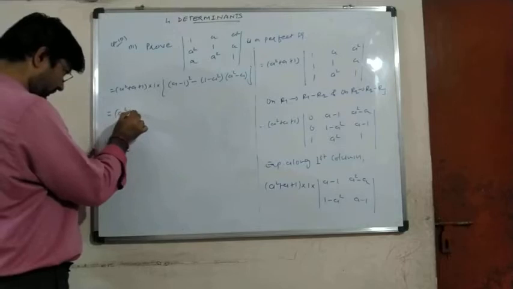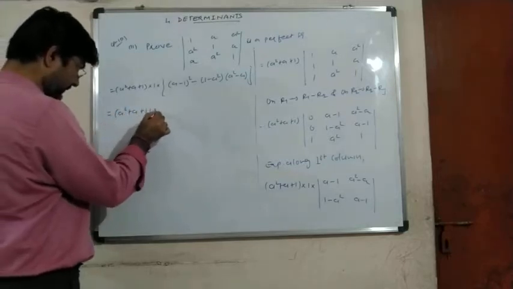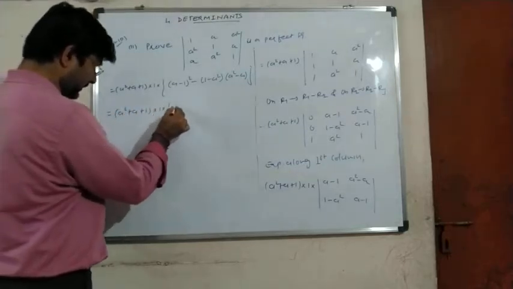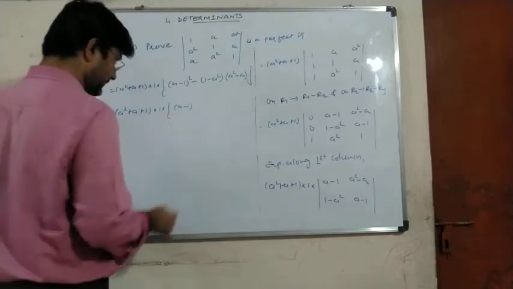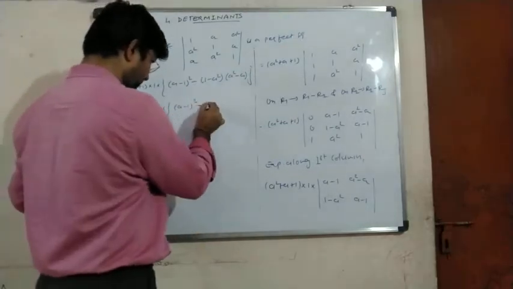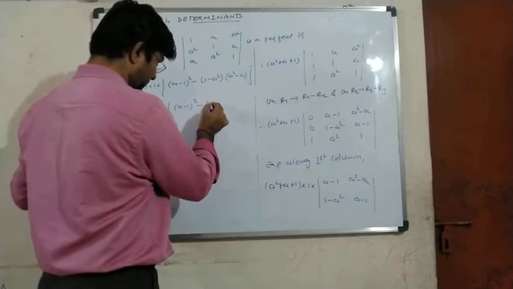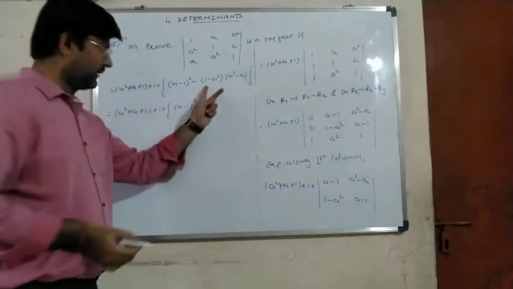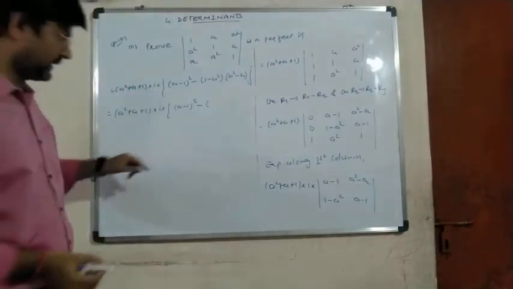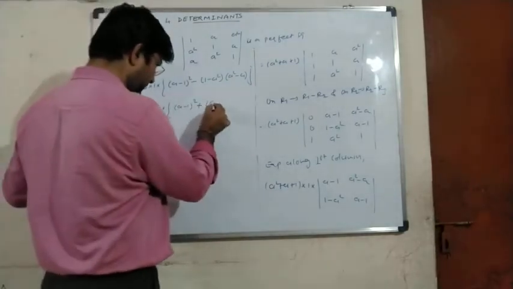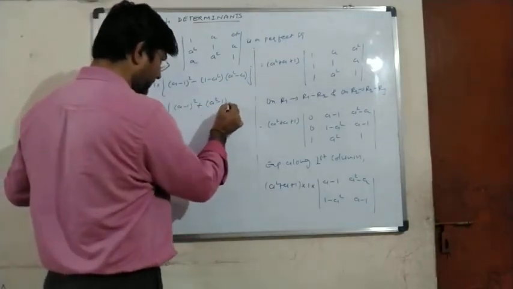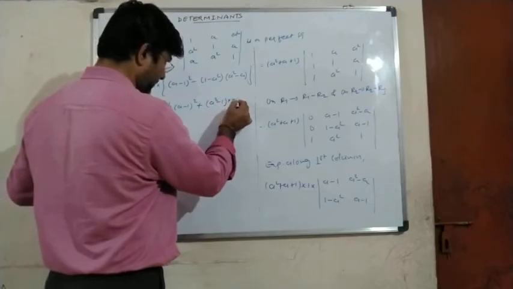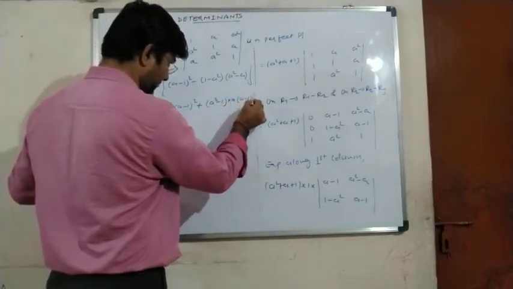A square plus a plus 1. Here we have a minus 1 the whole square. Here we have 1 minus a the whole square. Let us take minus sign common, so it will be plus, so we will get a square minus 1. From here if you take a common, we will get a minus 1.